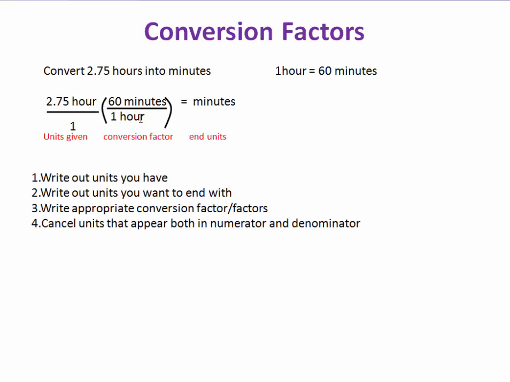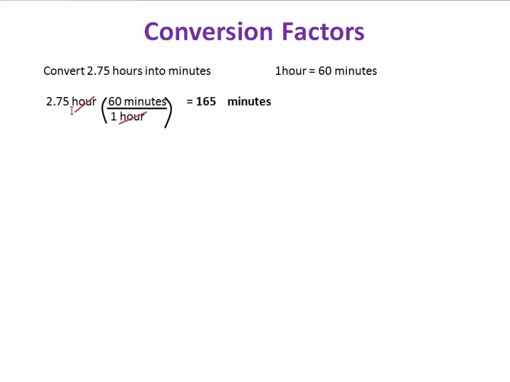If we look at these units, if we write them as fractions, we can cancel these units. We can cancel this hour with this hour and essentially be left with 2.75 times 60 minutes, which is 165 minutes. So we've cancelled the units, just been left with 2.75 multiplied by the minutes. That gives a total answer in minutes.